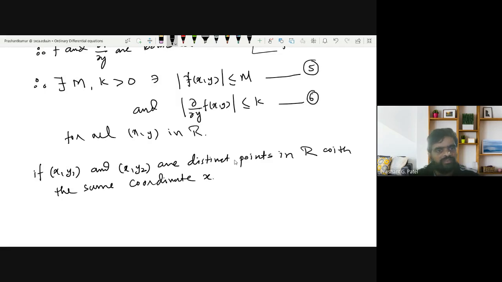So this x is fixed. I'm picking distinct points of this kind.